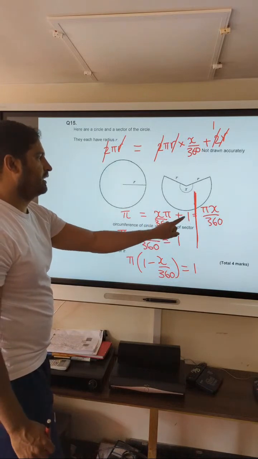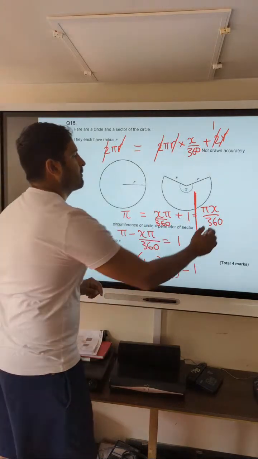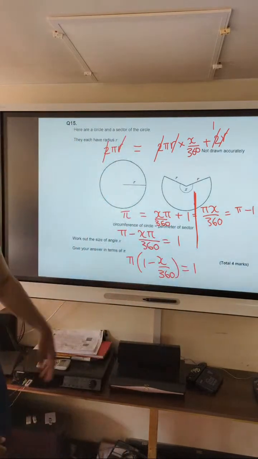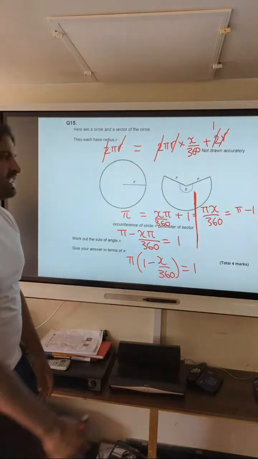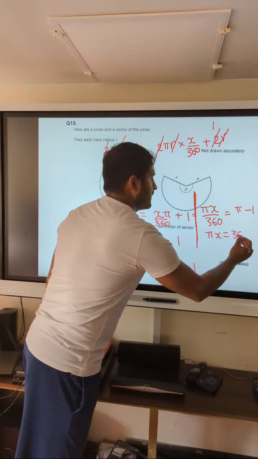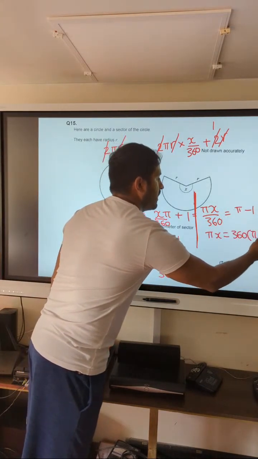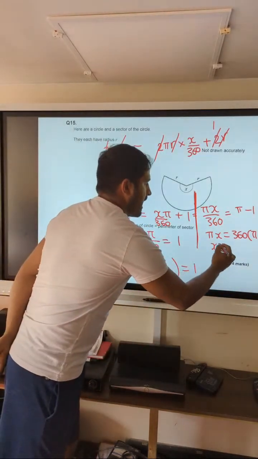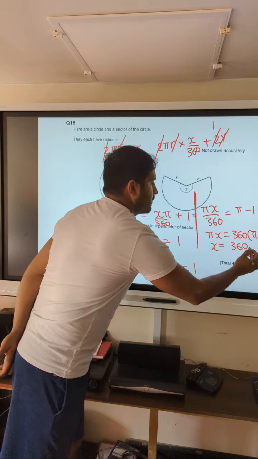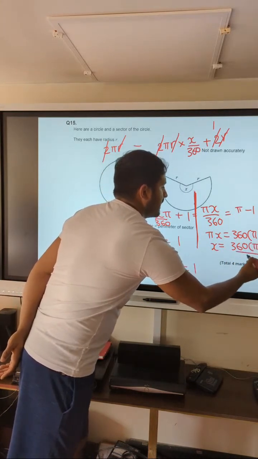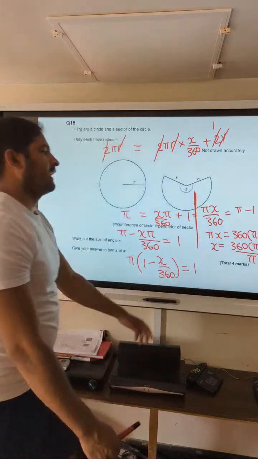This part here, take away one from here, take away one from here, so you get pi minus 1. Then multiply both sides by 360, so you get pi x equal to 360 times pi minus 1. And then divide both sides by pi. So you get x equal to 360 degrees times pi minus 1 divided by pi. And that's what we get.